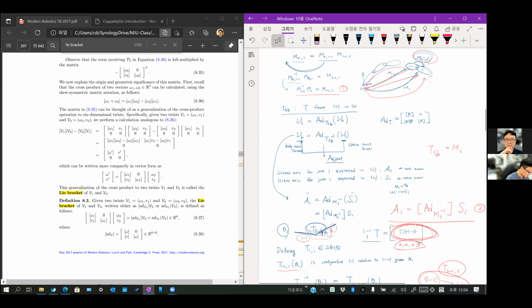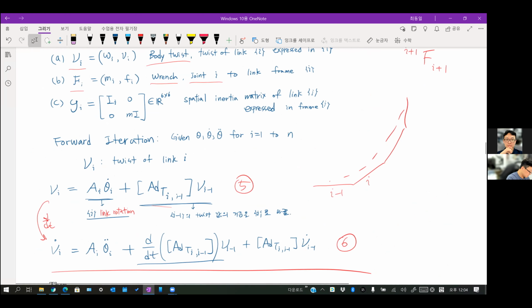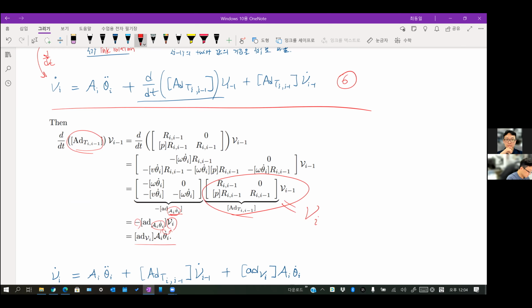So if the calculation order is changed, then the plus-minus sign is changed, similar to the cross product. So this one becomes like that.